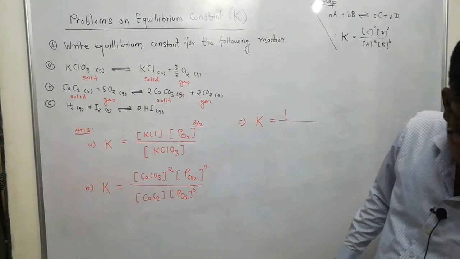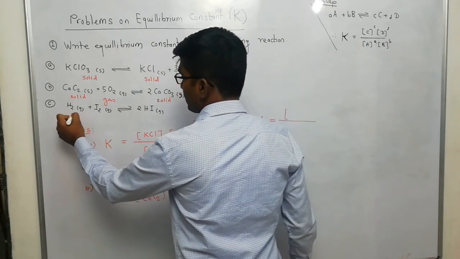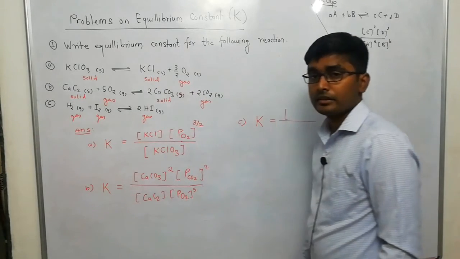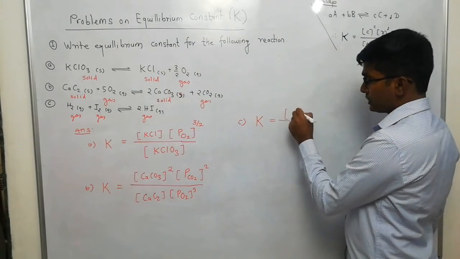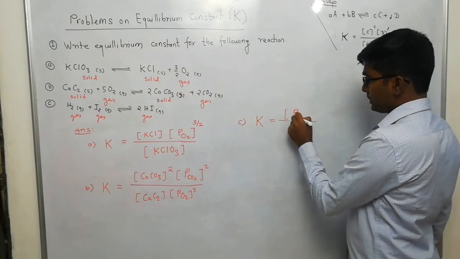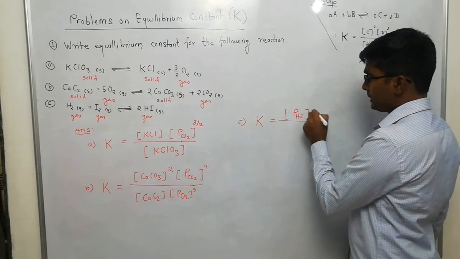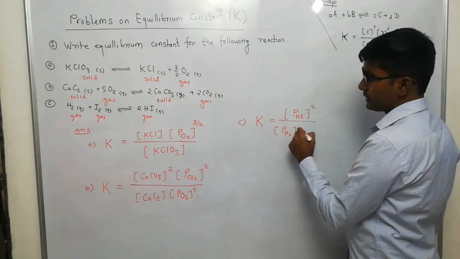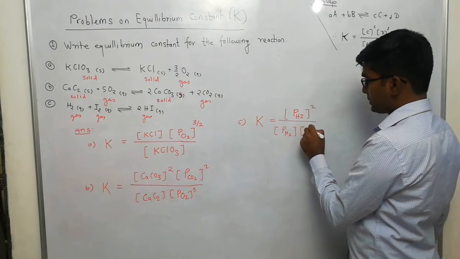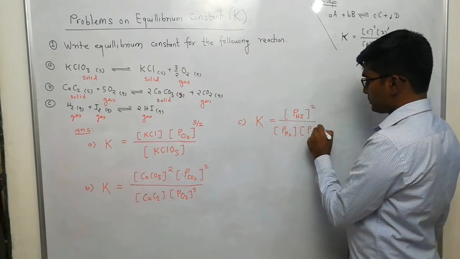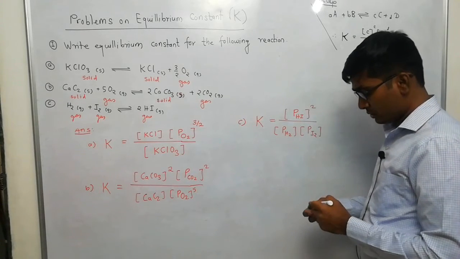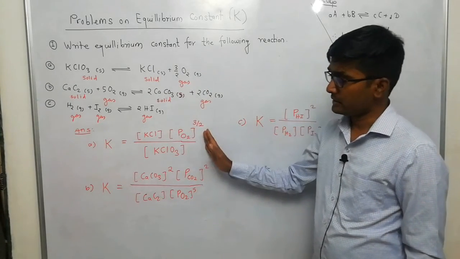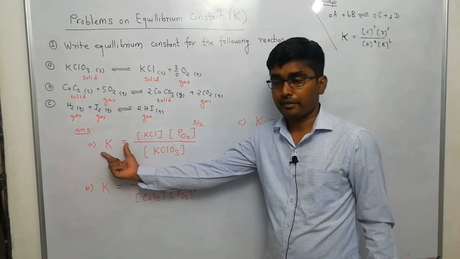Therefore, the vapor pressure of HI, hydroiodic acid, raised to 2, divided by the vapor pressure of hydrogen gas into the vapor pressure of iodine, I2. Okay, so these are the three relations for the equilibrium constant capital K for these three reactions.